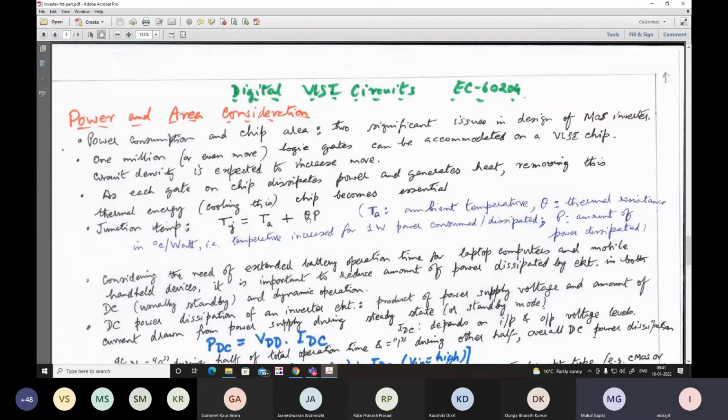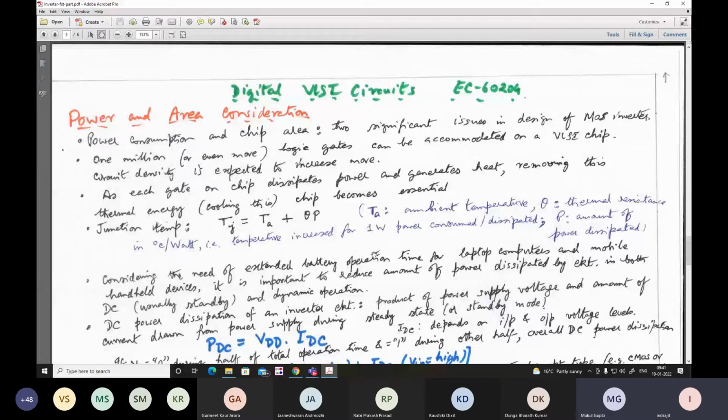So it reminds us of Ohm's law. Why is theta called resistance? It tells us, per 1 watt increase, what is the net temperature increase? That's why it is defined in this fashion.